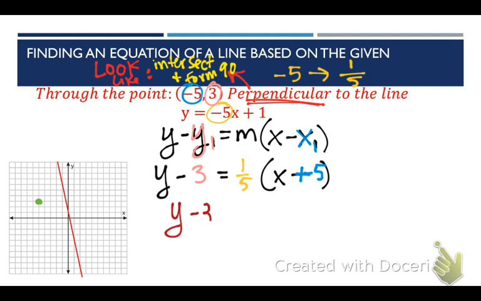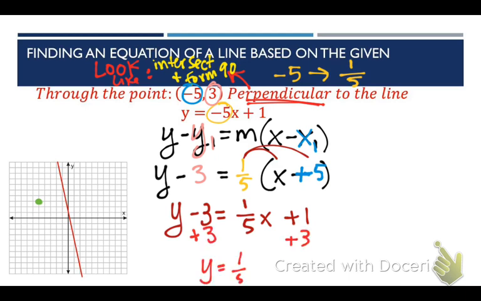So you have y minus 3 equals 1/5 times x is 1/5 x. What's 1/5 of 5? 1. And it's positive because they're both positive. All right, and then my last step, add 3. So y equals 1/5 x plus 4.